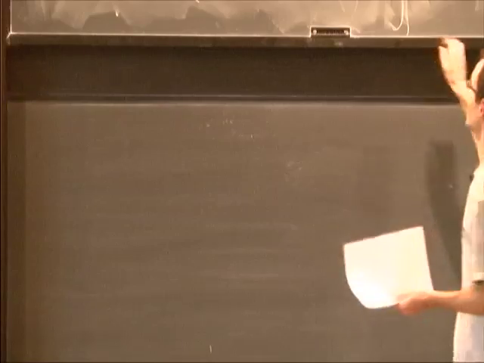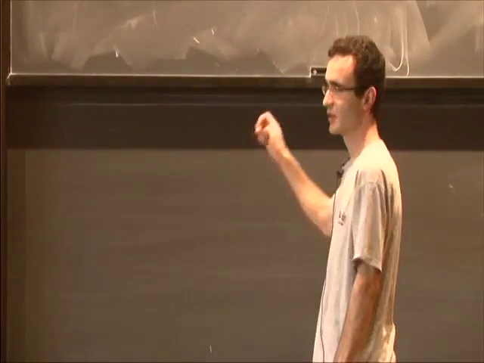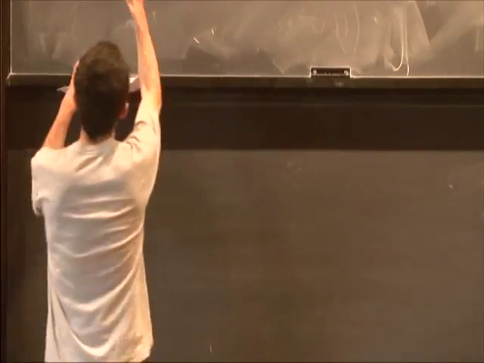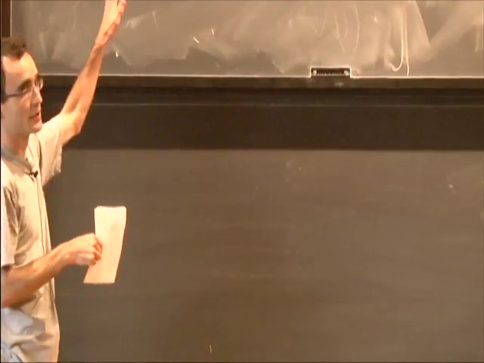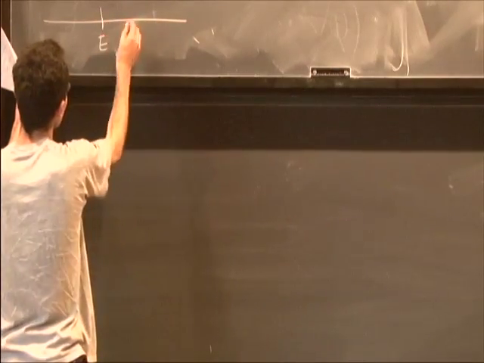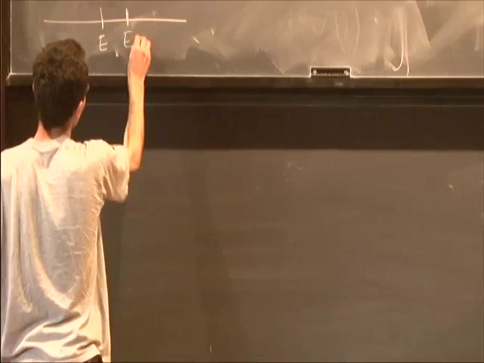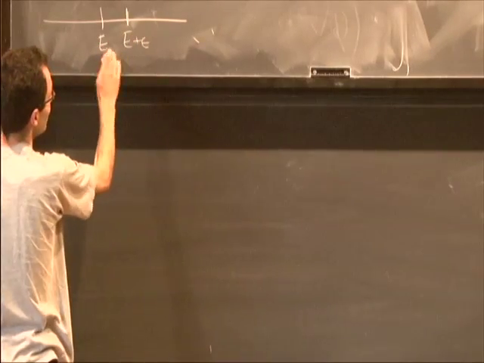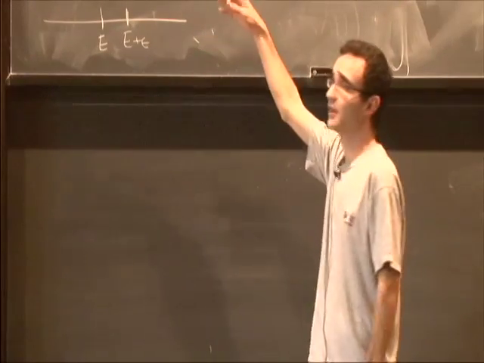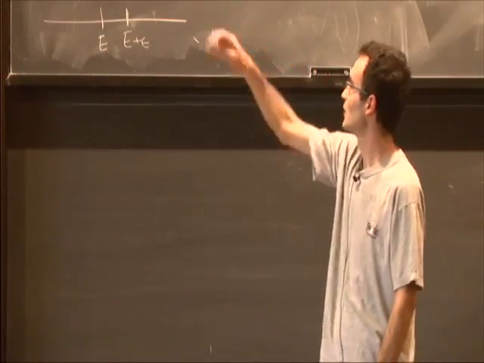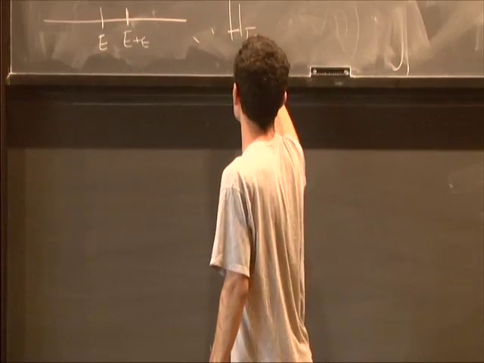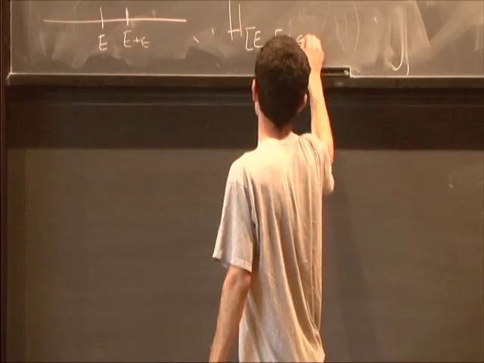Now, okay, one more thing. Sometimes I will also need a slightly more precise notion. So this somehow doesn't depend on energy, and sometimes I need to do something more precise. So I fix an energy E, and instead of that look at a small interval around E, say from E to E plus epsilon, and then instead of applying the quantum dynamics to the operator itself, I apply it to the spectral projection of H to the interval E to E plus epsilon.